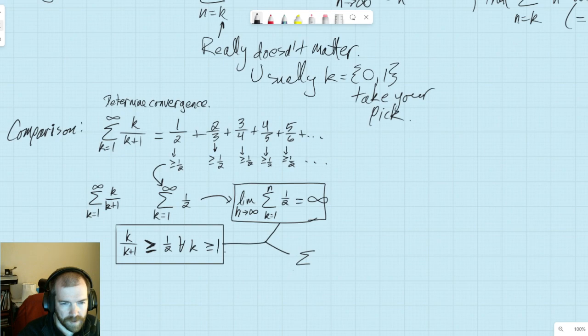So the sum as k goes from 1 to n of k over k plus 1 is always going to be greater than or equal to the sum of just 1/2 over the same limits.